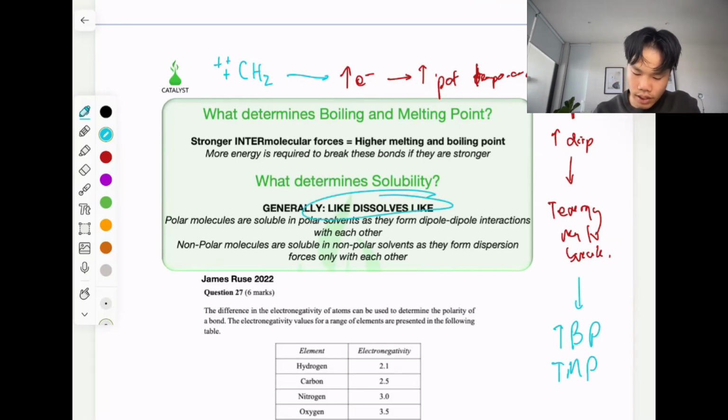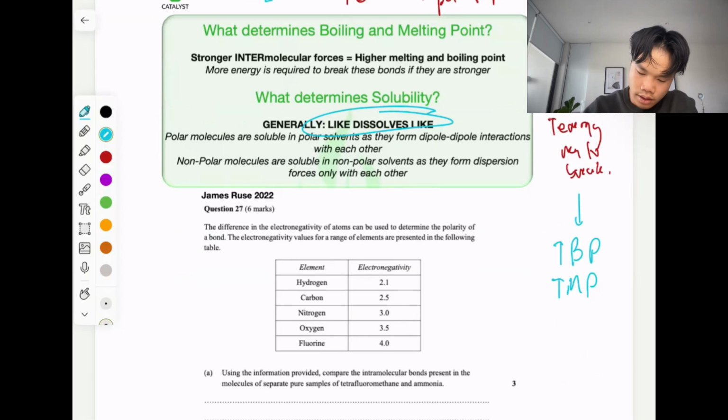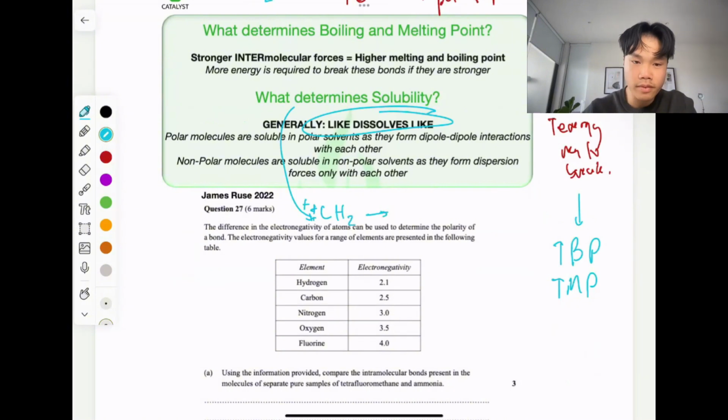General rule is like dissolves like, as we've said, but for the rule in a homologous series, as you add on more CH2, CH2 is a non-polar part of the molecule, where carbon-hydrogen is non-polar, carbon-to-carbon bonds are non-polar.